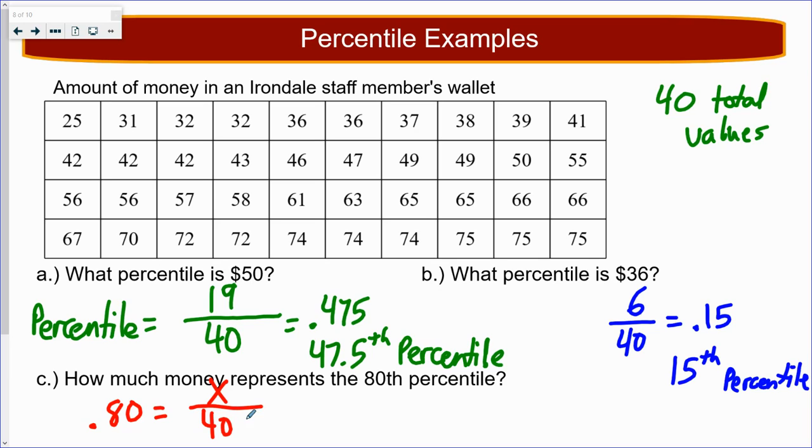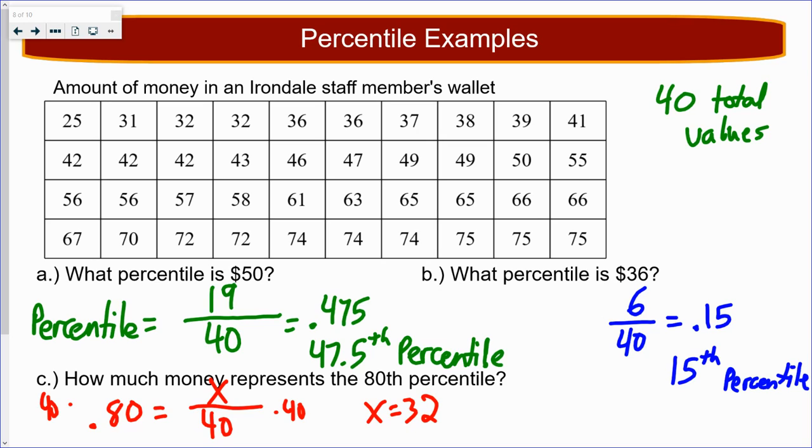We do the algebra to multiply both sides by 40. So 40 times 0.8 is 32. So x equals 32. But that's not $32. This is how many values we have to count.